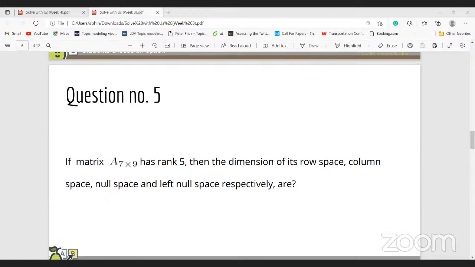Clear? Sir, if you say the null space is the set of all vectors in the given vector space that, when transformed, are moved to the origin, would that be a right statement? Yeah, you can say that when a given vector is linearly transformed by that particular matrix and it goes to the origin.